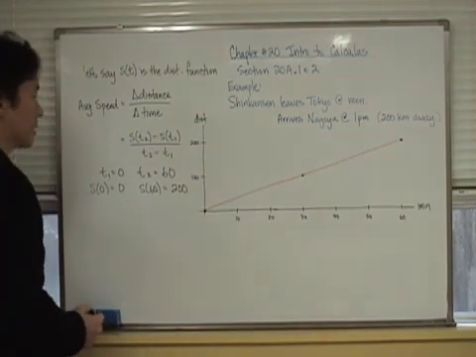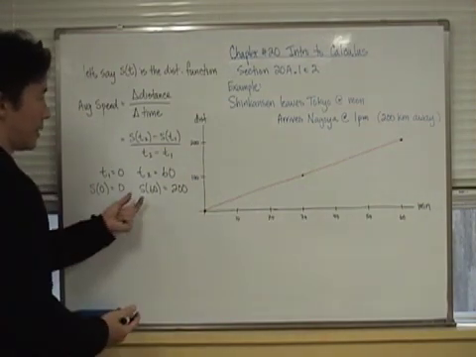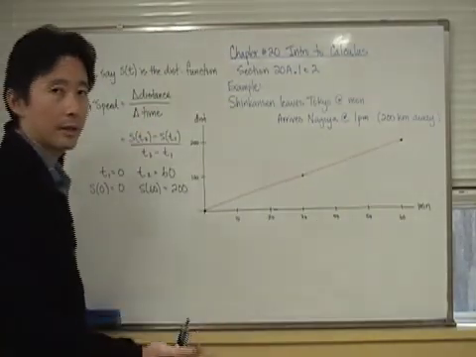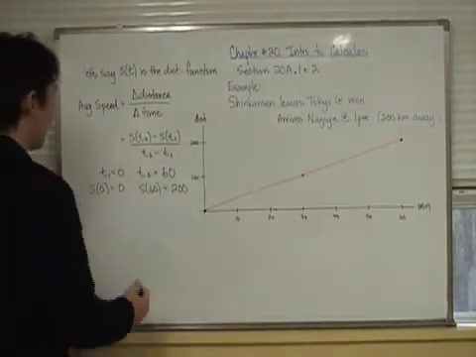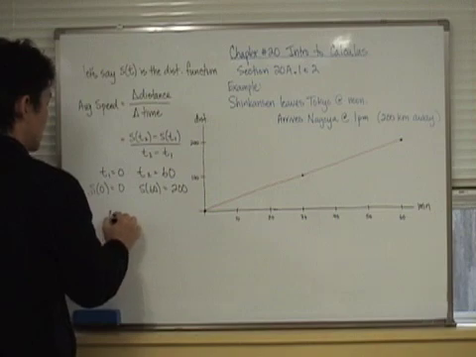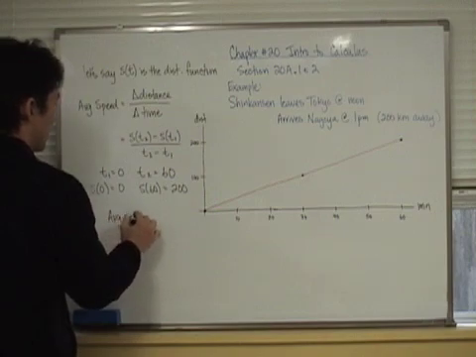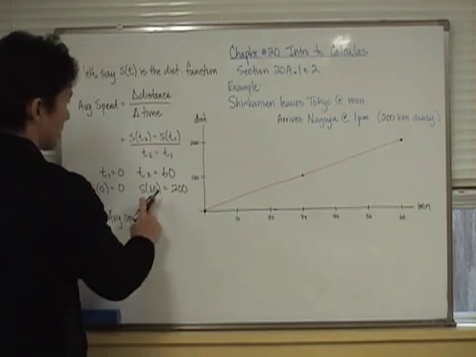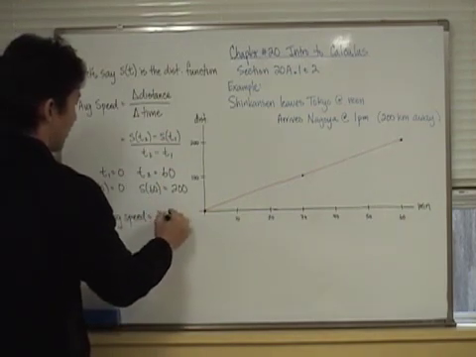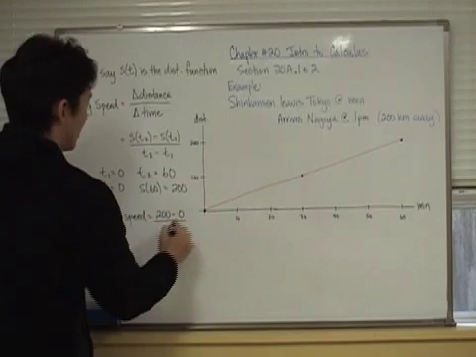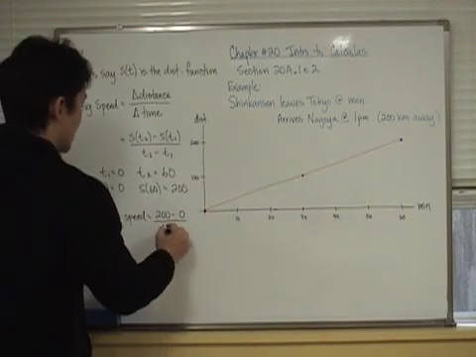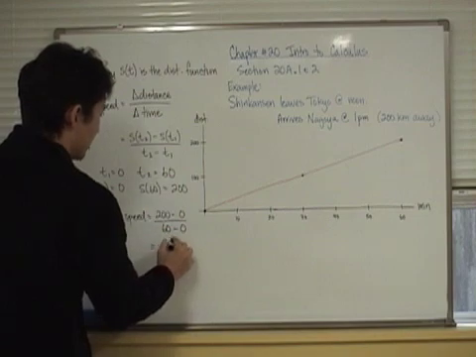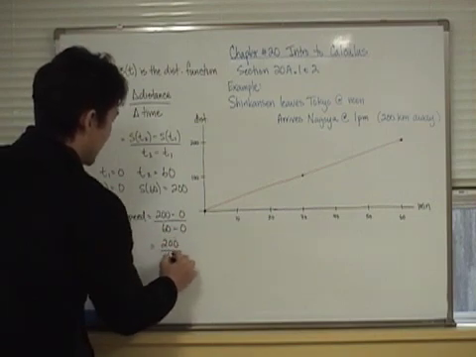Being that I have this coordinate here and this coordinate there, I can now calculate the average speed. The average speed for this case is going to be equal to s of t sub 2 minus s of t sub 1, which is 200 minus 0, divided by 60 minus 0. So what I come out with is 200 divided by 60.